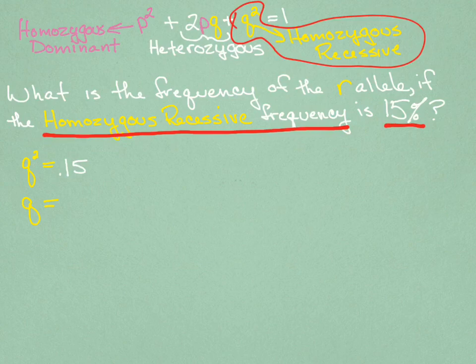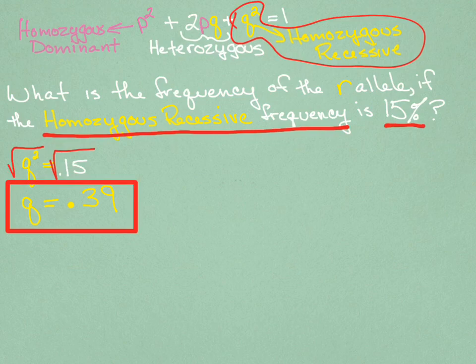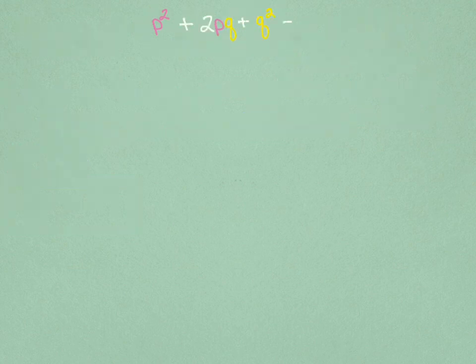We know that Q then is the square root, 0.39. Okay? It's getting easier, isn't it? It just takes practice, like everything.